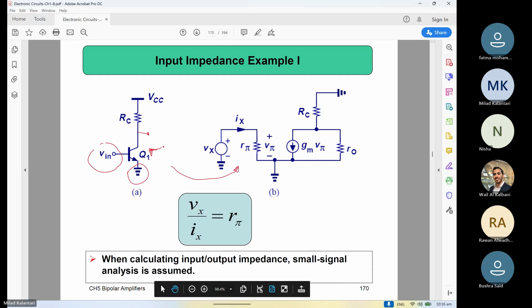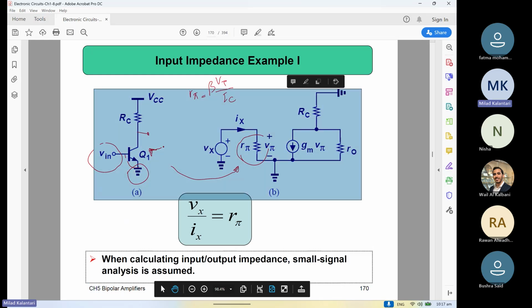There is a diode junction at the base-emitter, and you put the equivalent resistance at the biasing point, r pi. Do you remember the value of r pi? It is VT, 25 millivolts, divided by IC, times the beta value of the device.